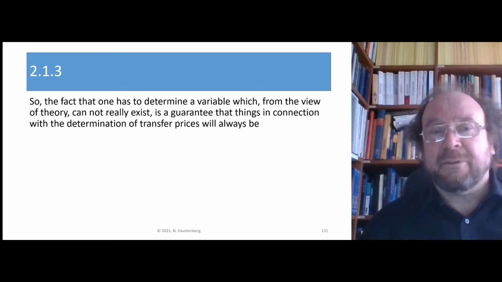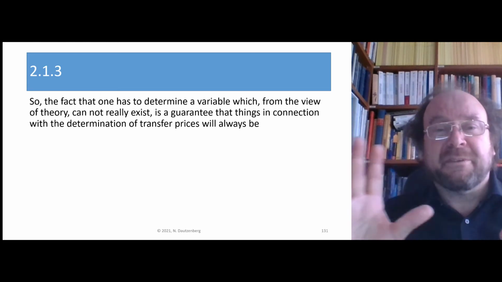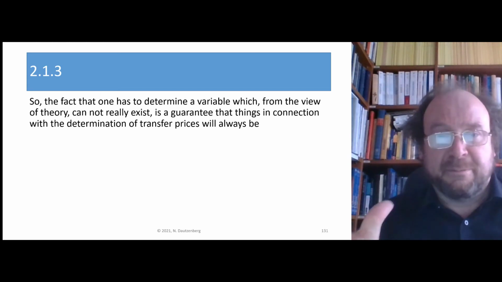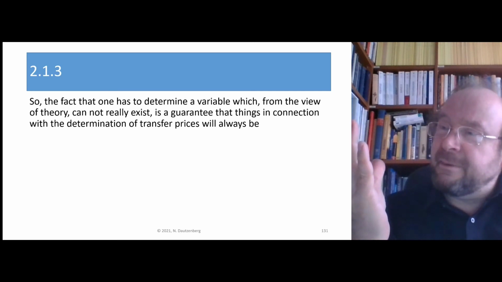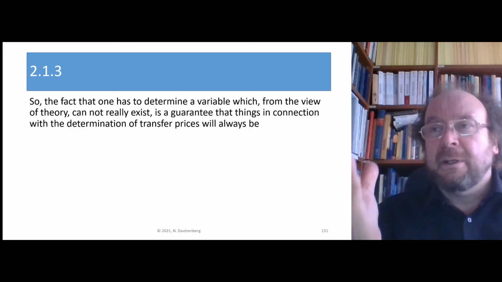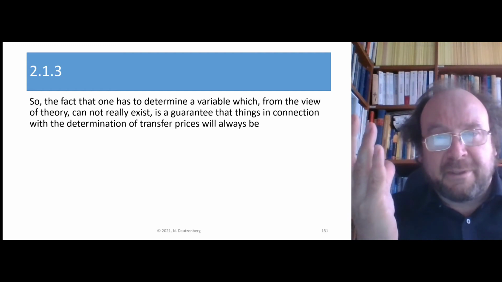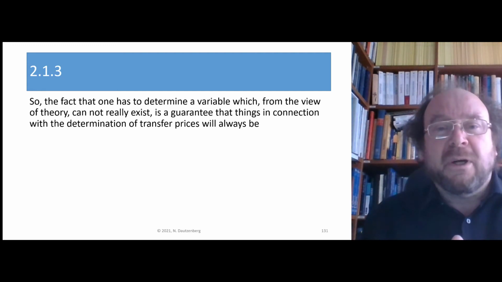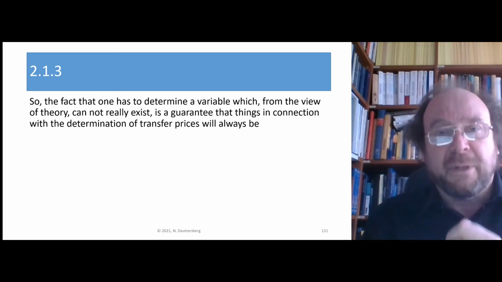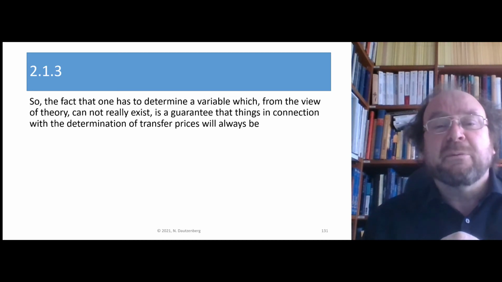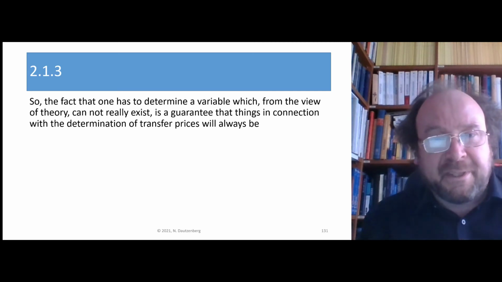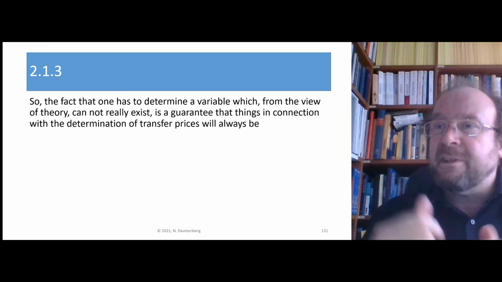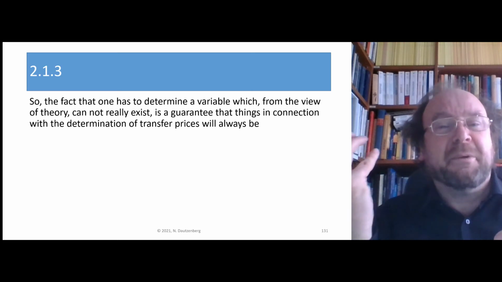Now, the fact that you can only decide arbitrarily within a whole range of possible solutions makes things complicated again, because even the most principal idea or wish of the fiscal administrations is: we do not want you to set your transfer prices in an arbitrary way. We want to have rationality behind that. So you can only decide arbitrarily within the range, and the fiscal administration says, show me that it's not arbitrary.